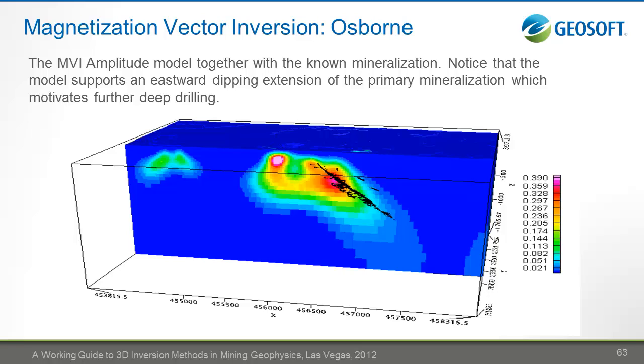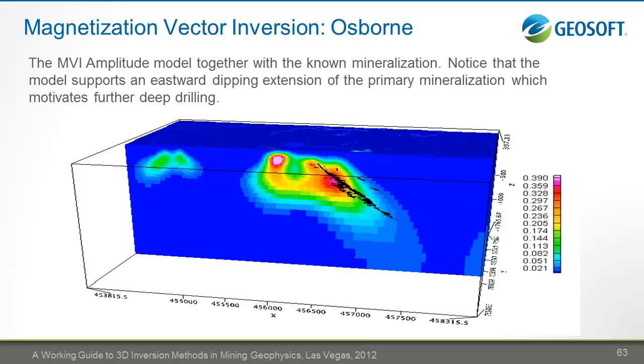And what you can see also shown on this image is known mineralization from drilling, and you can see that the actual inversion does show a trend which agrees with the known mineralization. So this is a very encouraging result for the magnetization vector inversion, and shows that the magnetic field measured over this area is consistent with this type of model.